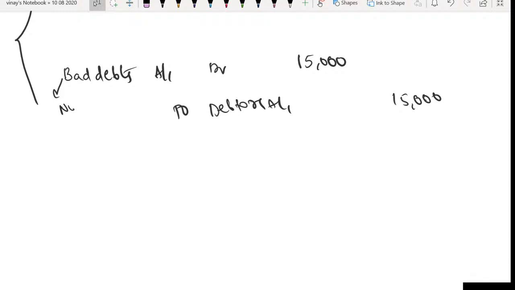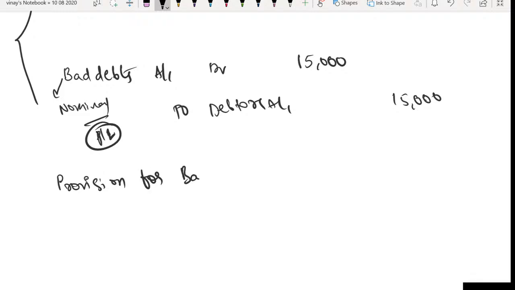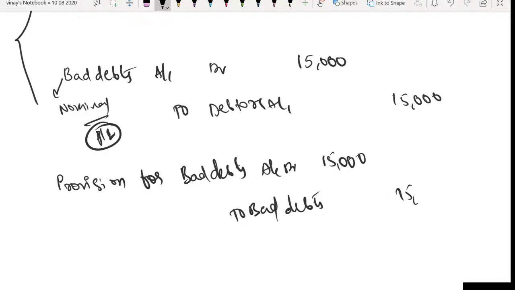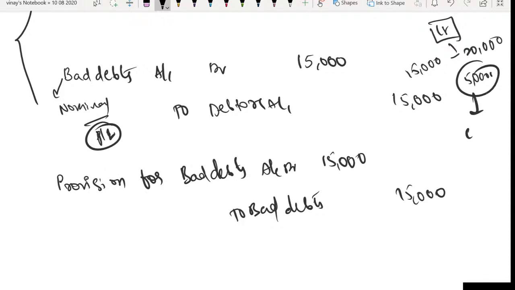This is a nominal account, so I need to transfer it to the P&L account. For this purpose, you already created a provision last year. So provision for bad debts account debit to bad debts account, 15,000. My provision for bad debts account showed a credit balance of 20,000. From that I removed 15,000 by debiting. Then 5,000 is still on the credit side. This I will use in the future for another provision.